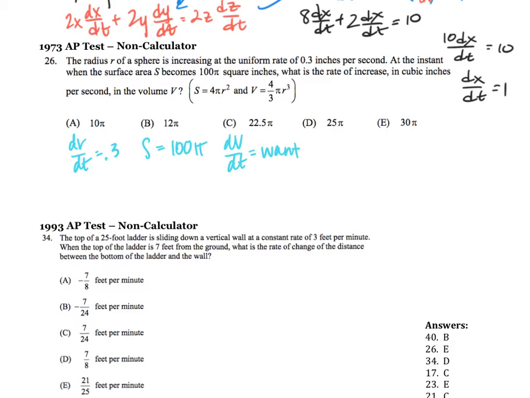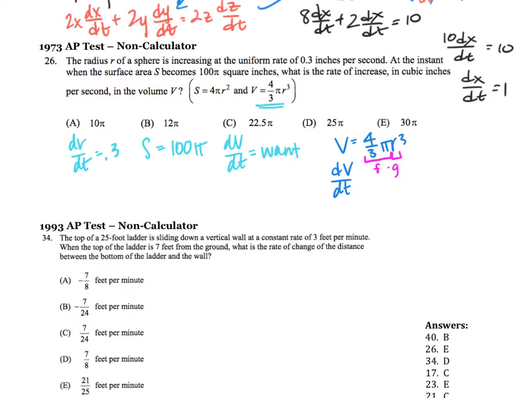Okay, well, the volume, as they told us, of our sphere is 4/3 pi r cubed. And if they want dV/dt, I'm going to go ahead and take that derivative. 4/3 pi is just a constant. You could think about this as a function times a function and do product rule. But what's f prime going to be? The derivative of a constant is just 0.